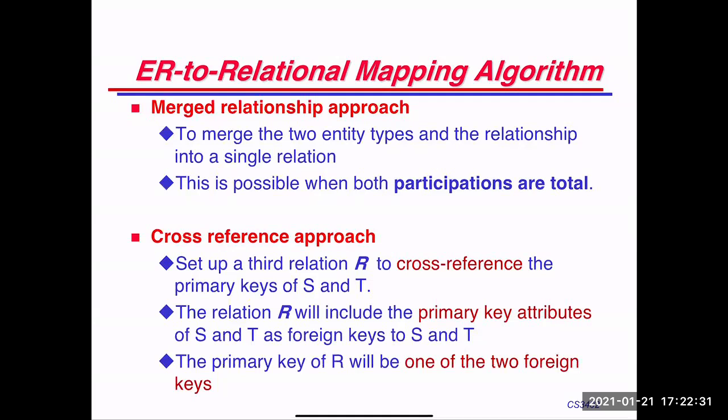Now, about this third relation that I'm creating when I do this cross-reference. Of course, I need to include the primary key attributes of S and T as the foreign keys to S and T. Okay, and just to make it clearer what I'm talking about here, I have S, I have R, and I have T here.